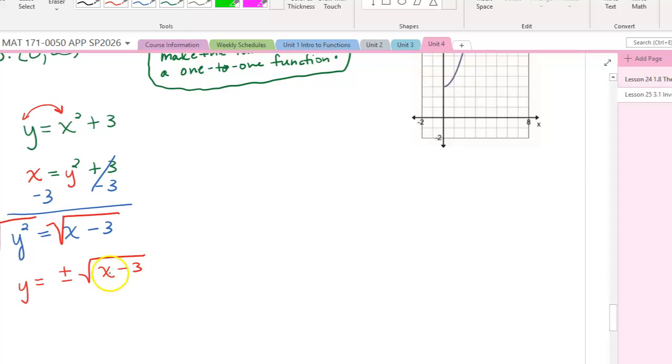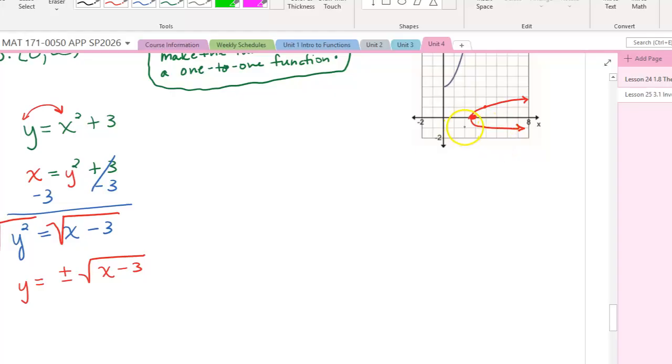It's the radical function shifted right 3. So it looks like this, but the negative of that would be reflected across the x-axis and would look like this. That is not a function because it fails the vertical line test.